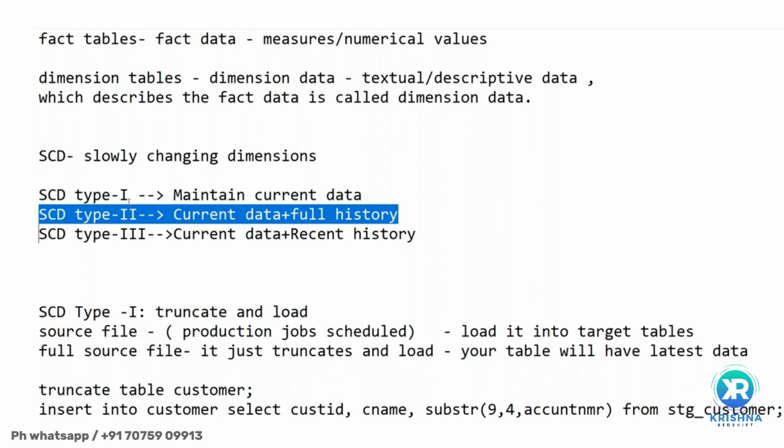So you can also say maintain current or updated data, but updated is not the correct term. We should not say updated; say current or latest. Based on your terminology, people will know whether you have much exposure or experience.